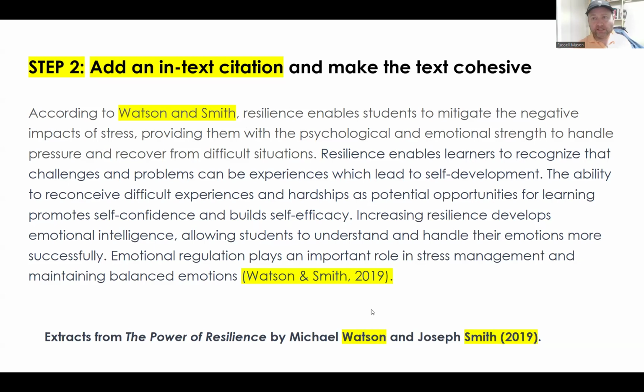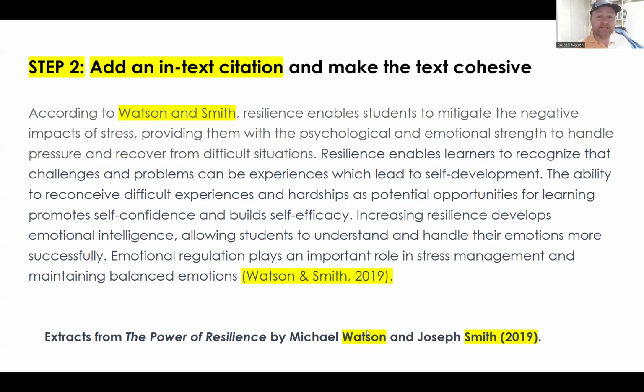And then the reader is fairly certain that all of the information between those two citations comes from the same source. It is better to make the text completely cohesive, as we will look at later on. But this basically gives an indication that everything between those two citations is from that article.